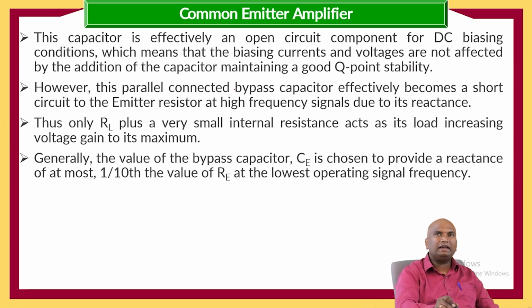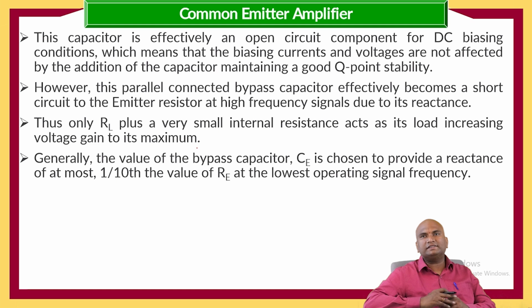However, this parallel connected bypass capacitor effectively becomes a short circuit to the emitter resistance at high frequency signals due to its reactance. Thus, only RL plus very small internal resistance acts as the load, increasing voltage gain to its maximum.